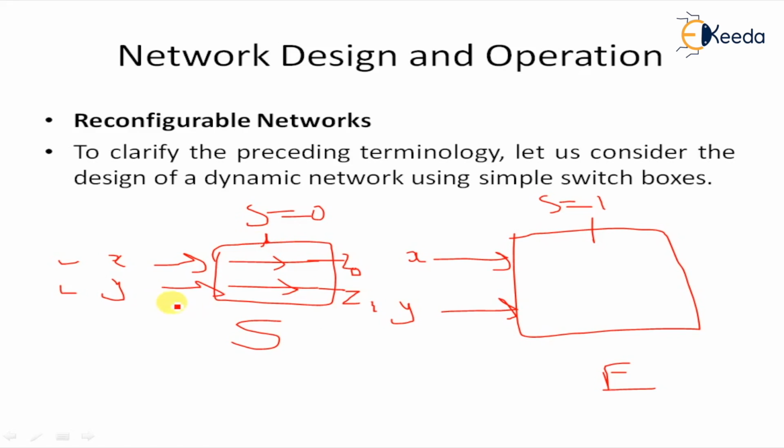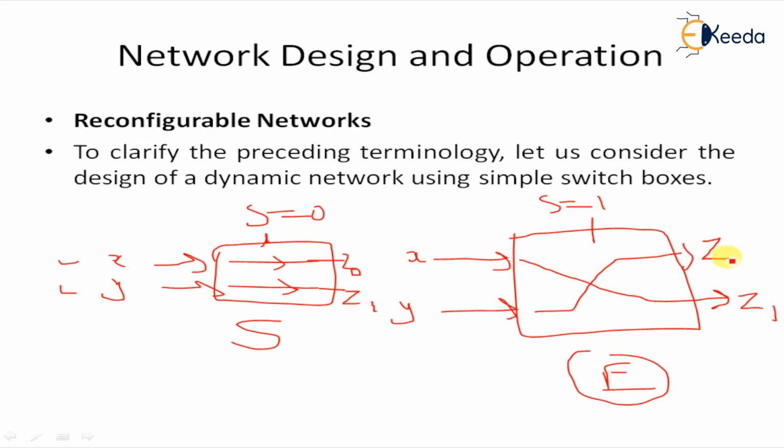So the inputs are connected to outputs in the straight state. X is connected to Z0 and Y is connected to Z1. When the control line is S equal to 1, the inputs are connected to outputs in the exchange state. In this case, X is passing through Z1 and Y is passing through Z0.